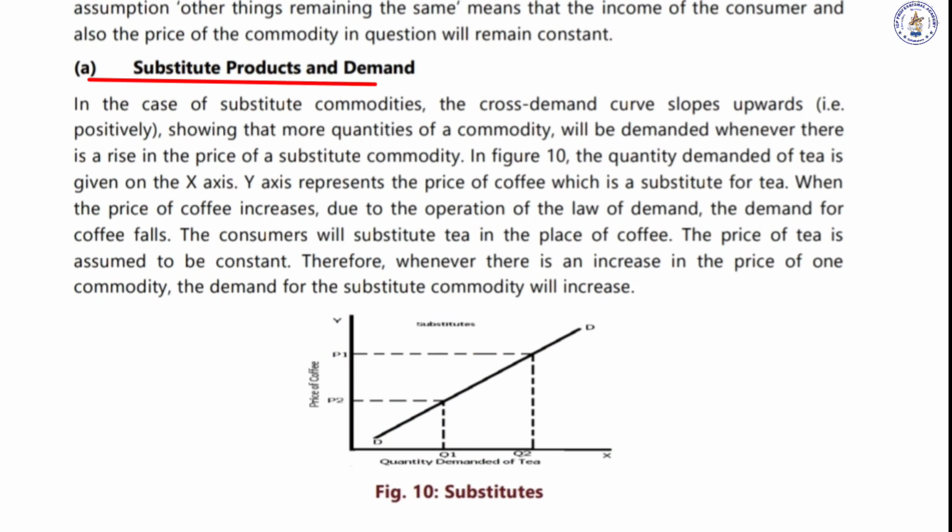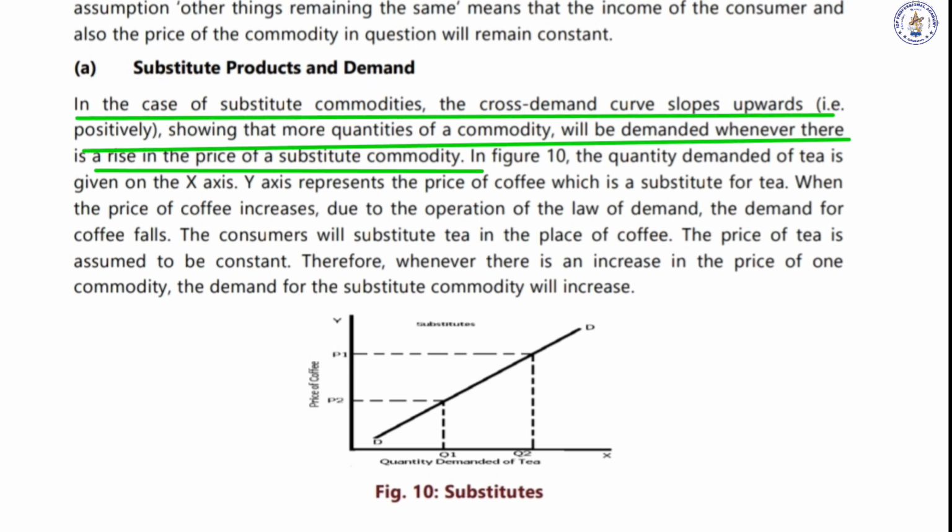First one, let me take substitute products and demand of the existing product. Here, in case of substitute commodity, the cross demand curve always slopes upwards. That means it shows a positivity. Let me explain it with the figure given in figure 10 on page number 2.2.